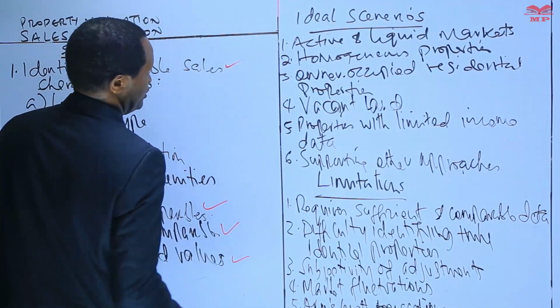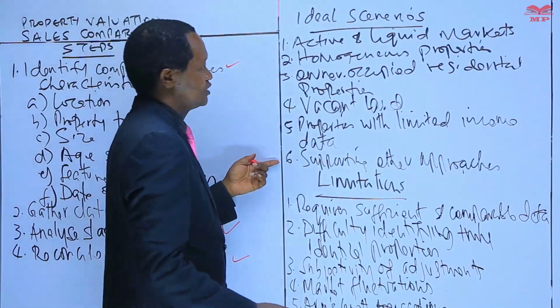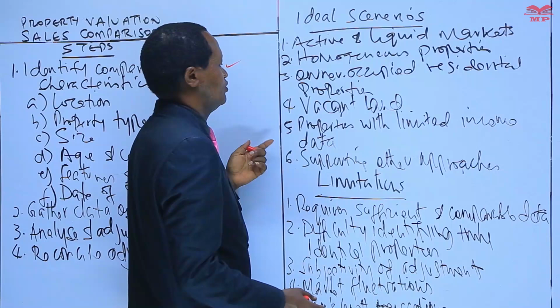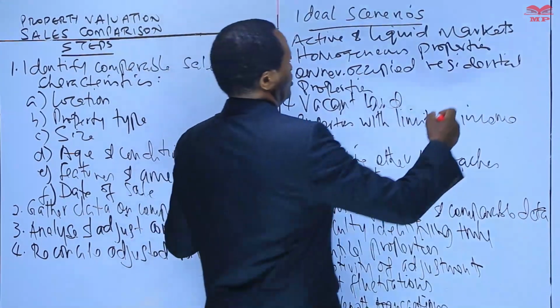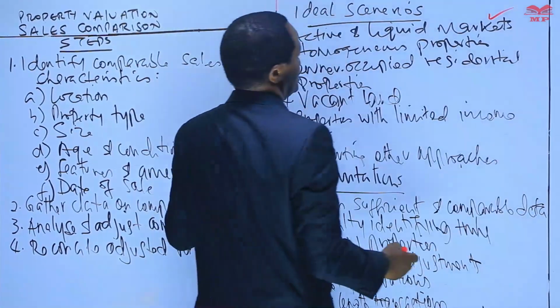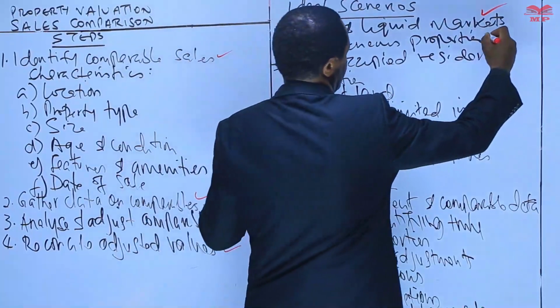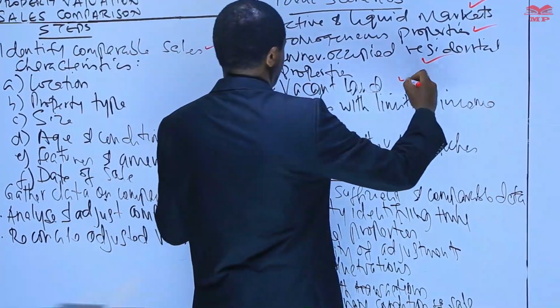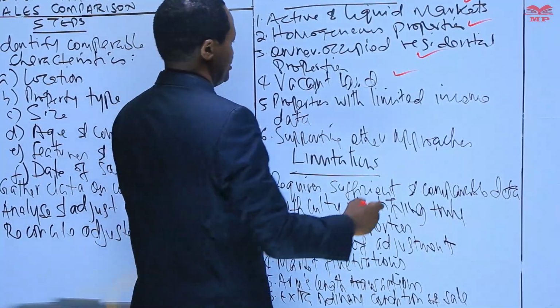adjusted values. You've seen 6 ideal scenarios for using the sales comparable method. 1 is in relation to liquid markets. Number 2, homogeneous properties. Number 3, owner-occupied residential properties. Number 4, vacant land. Number 6, properties with limited income data.